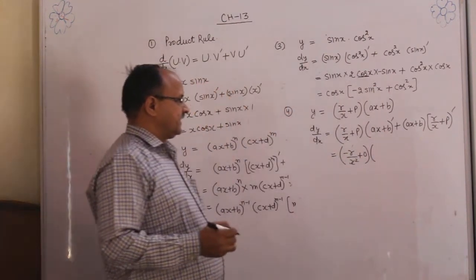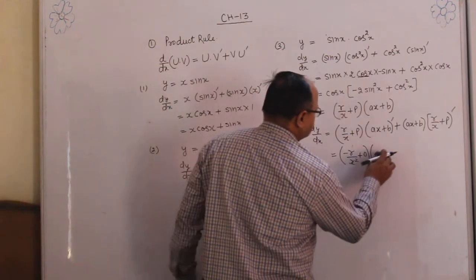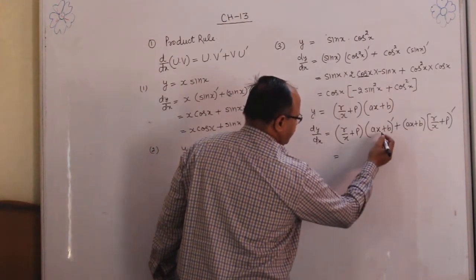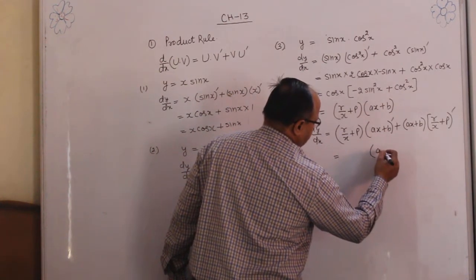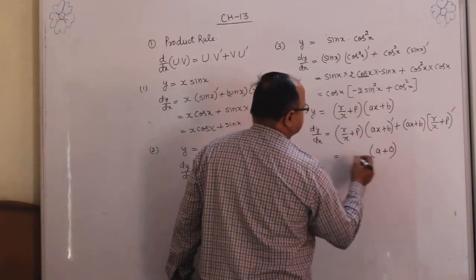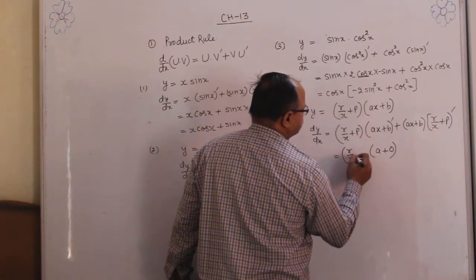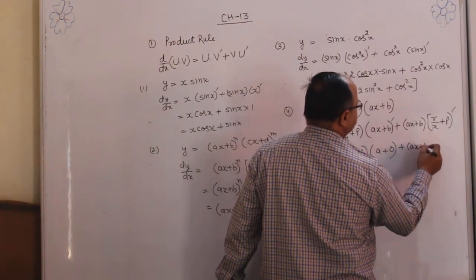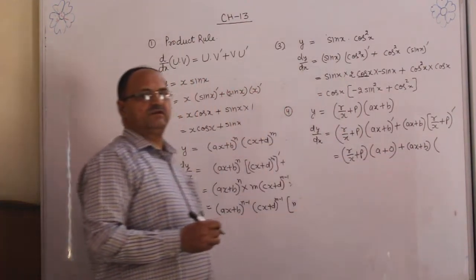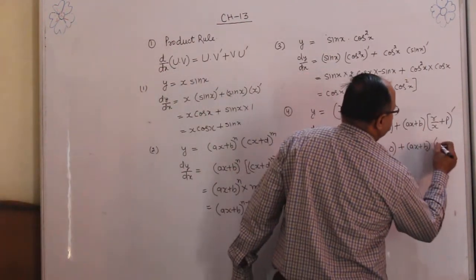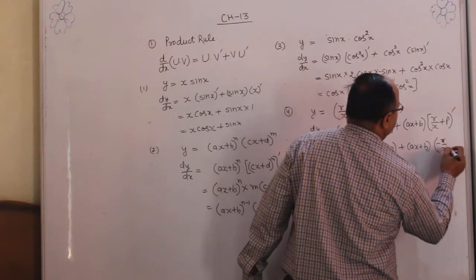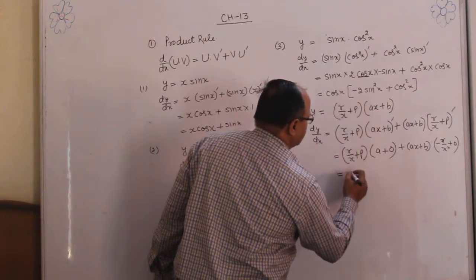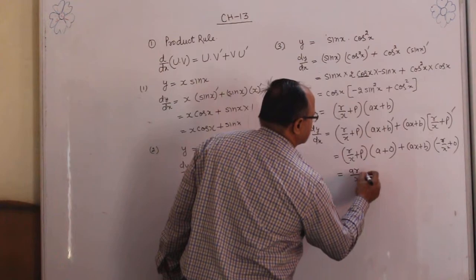Here, firstly you have to write the derivative of ax plus b, that is a, and the derivative of b is 0. (r by x plus p) as it is. Similarly here, (ax plus b) as it is, derivative of r by x is minus r by x square plus 0. When you simplify, it is a r by x plus ap.